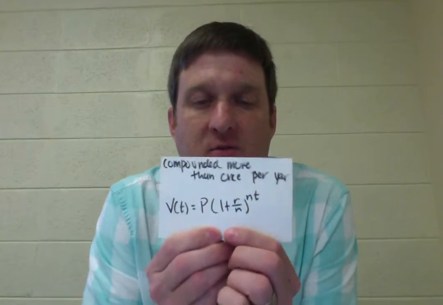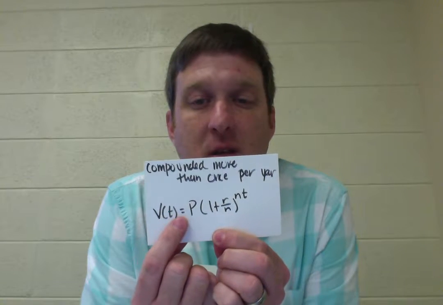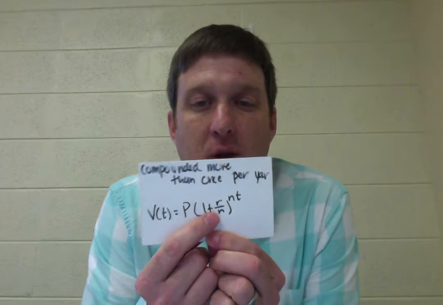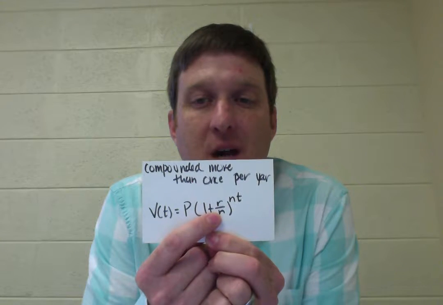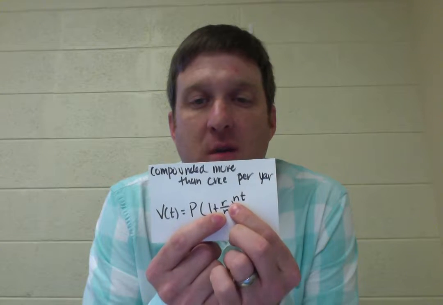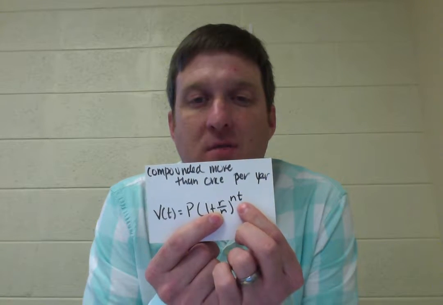The interest rate is still communicated as an annual interest rate. So you're still saying it's a 2% annual interest rate compounded quarterly, like the example on page 684. So this is now your formula, where the value of the investment equals the principal times the quantity of 1 plus the rate over the number of times per year it is compounded, all raised to the number of times per year it's compounded times the number of years.